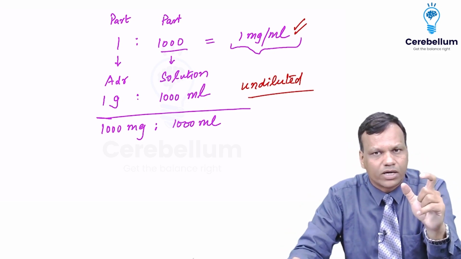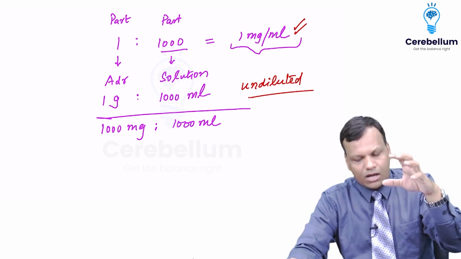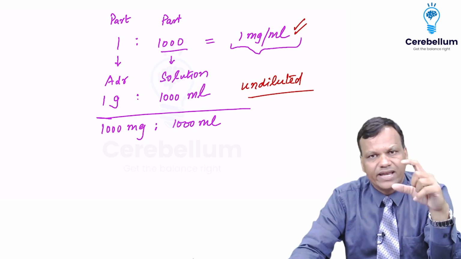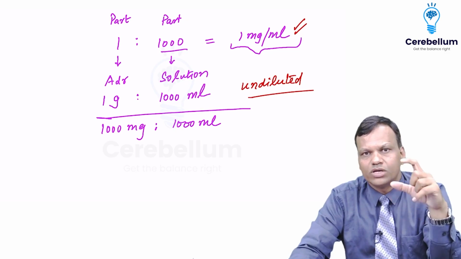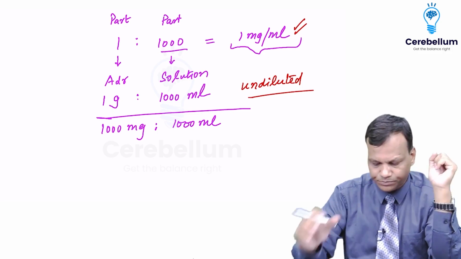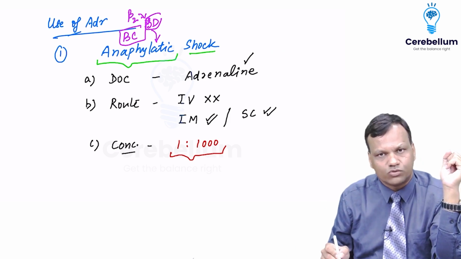When we say undiluted, it does not mean that we will give powder. Undiluted means it is already in solution, and whatever solution is present in the vial in the emergency tray, you give that directly. No need to dilute it. So that is the important thing. The concentration is 1:1000.